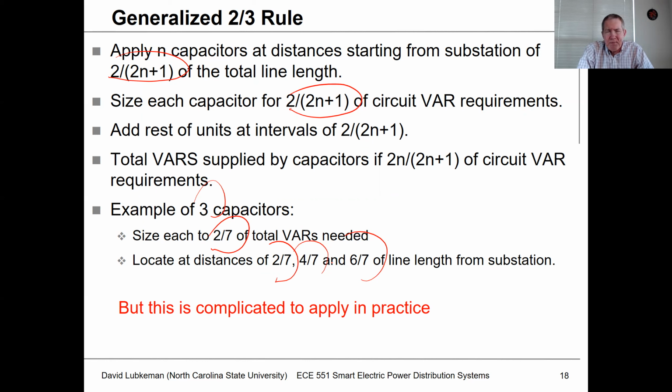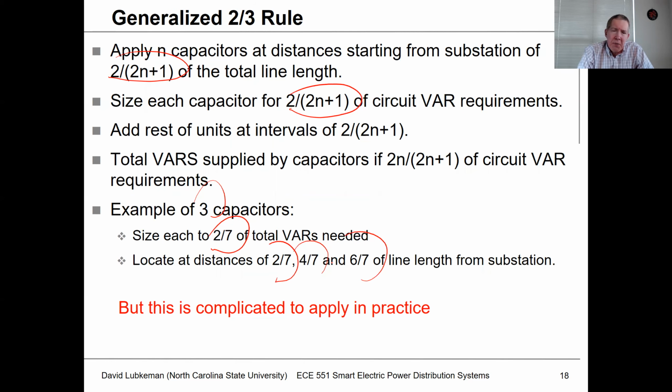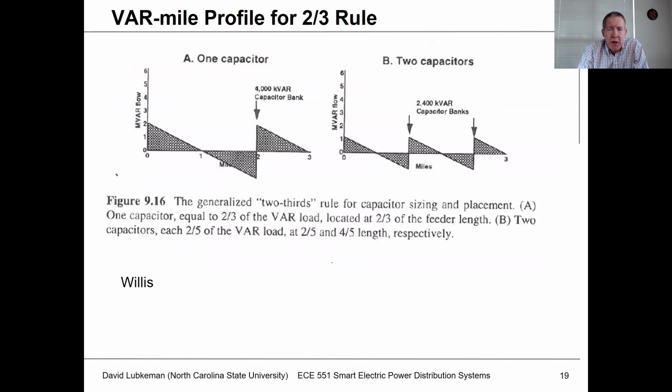And so I don't really see where a lot of utilities would make use of this generalized 2/3 rule. They might make use of the 2/3 rule, but this generalized version is a little bit difficult to apply in practice. And so what actually has been developed instead is what we're going to call a half kVAR rule, which we're going to go into a little bit.